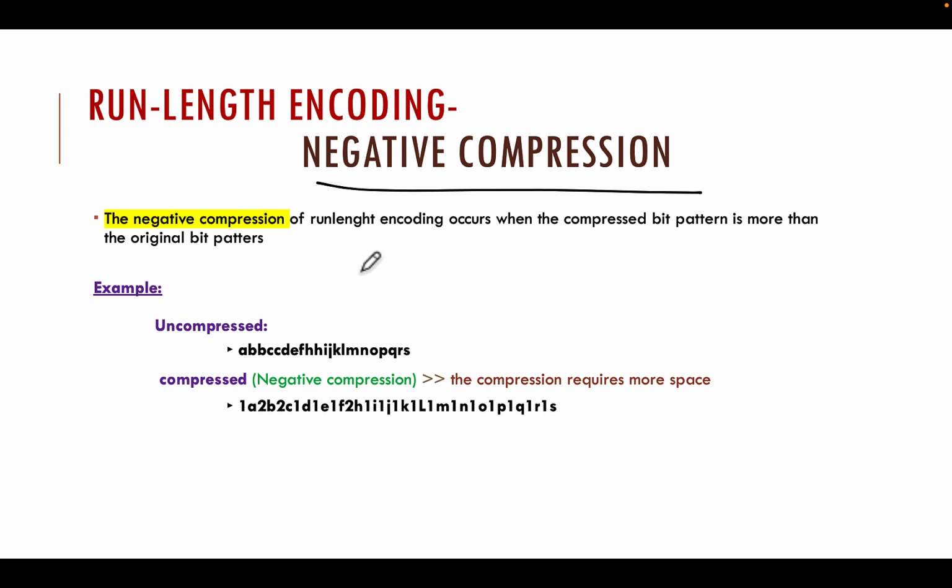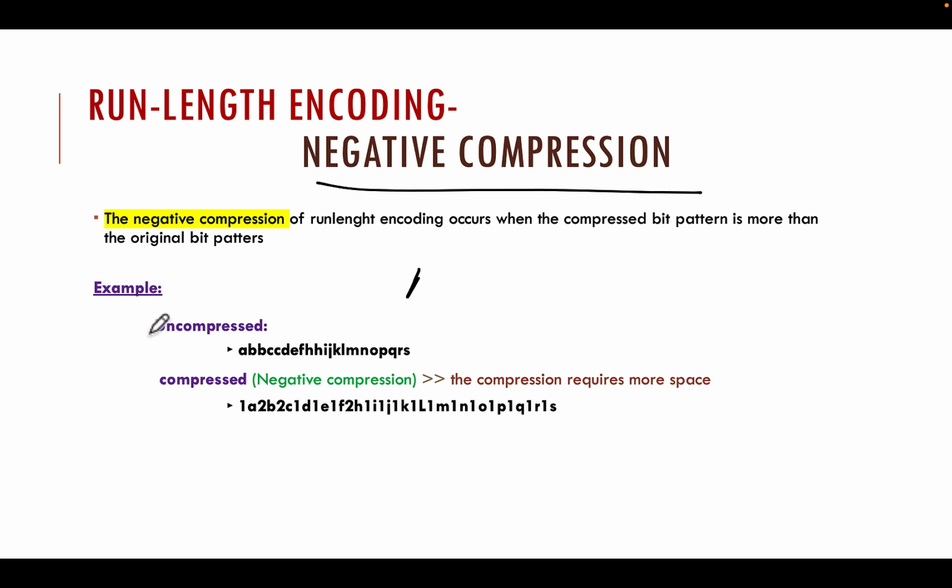It is basically when you do a run length encoding and that bit pattern is more than the original pattern. When you compress a file and you find that the compressed file has a bigger size than the original file, that is what we call a negative compression. This can occur in run length encoding.